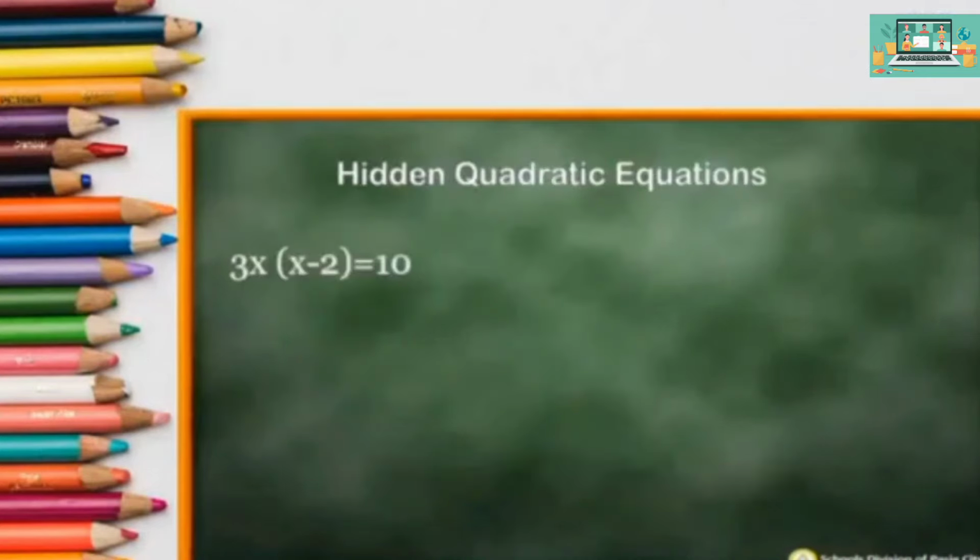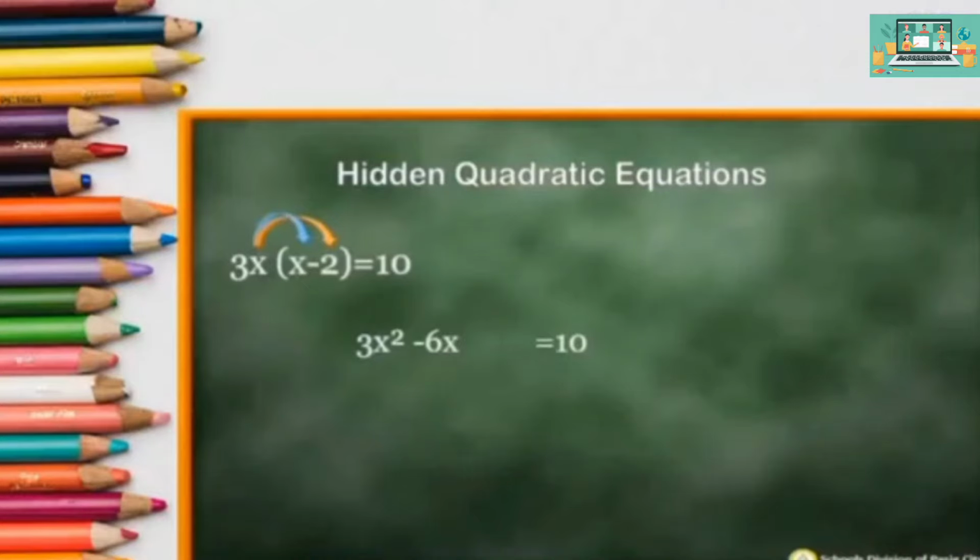Let's expand 3x times the quantity of x minus 2 by distributive property. Multiplying 3x times x and 3x times negative 2 will give us 3x squared minus 6x. And that will be equal to 10.